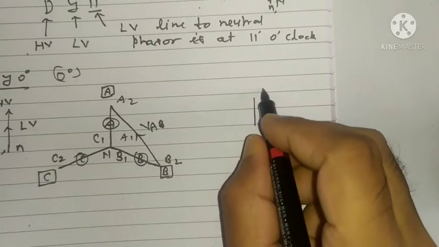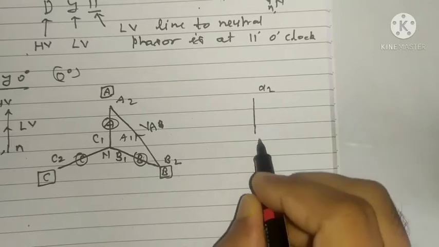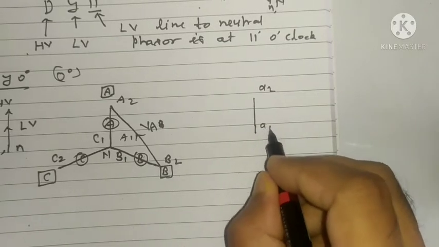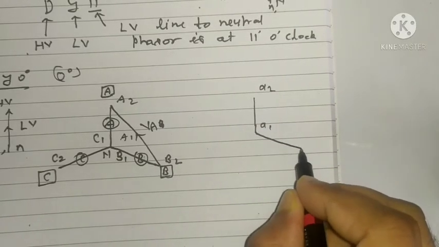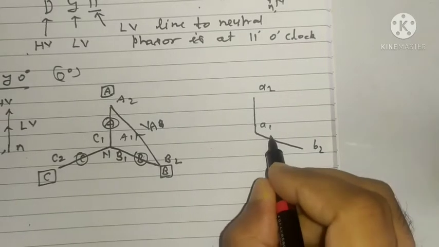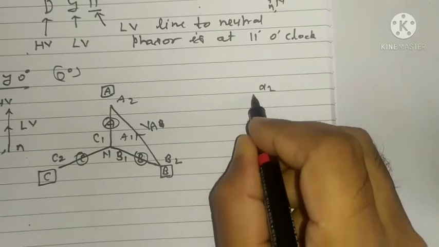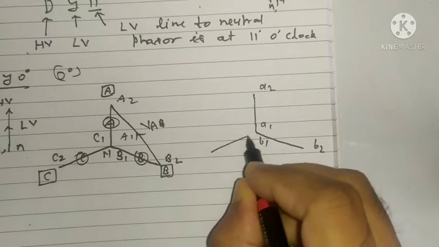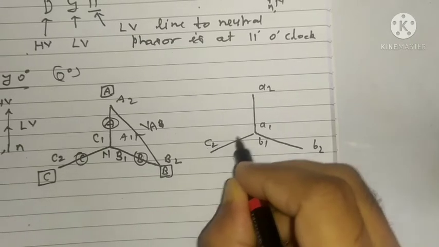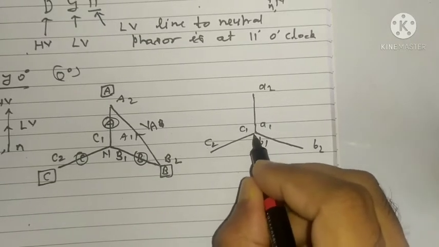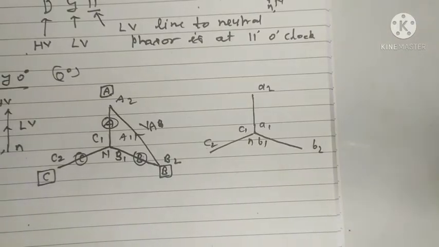So I will write here A2 A1, it will be B2 B1, and I will have C2 C1, and this will be neutral, right?